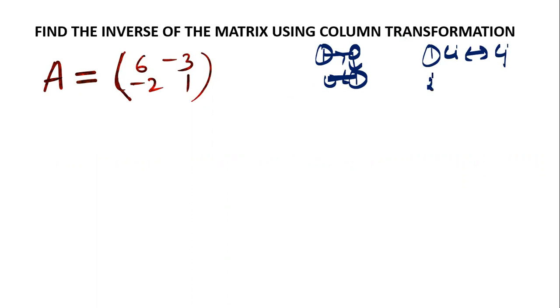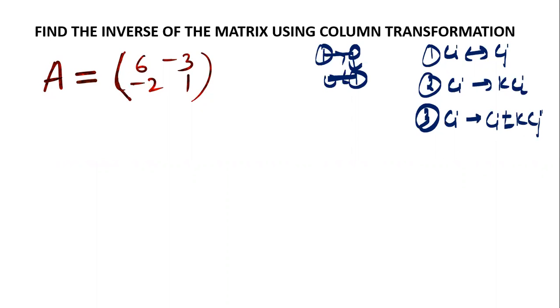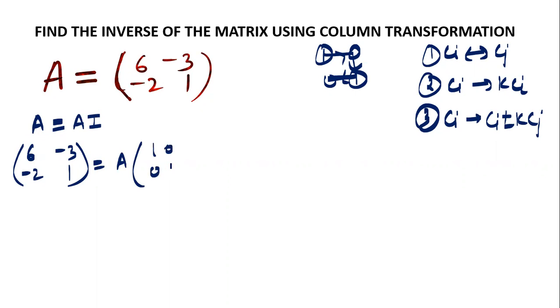Number 1, number 2, number 3, same transformations. Let's try. First of all, we will write down A equals AI. Then A is 6 minus 3 minus 2, 1 equals A as it is, and I is 1, 0, 0, 1.